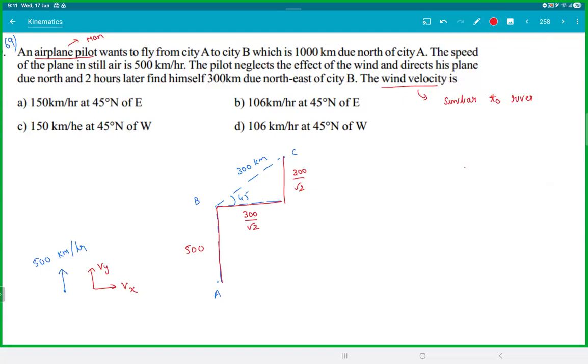So in the vertical direction, instead of traveling 500, how much did you travel? You traveled 500 plus 300 by root 2. And with what speed did you travel? You traveled with 500 plus Vy, the wind speed, in 2 hours. So 1000, sorry, that is 1000.